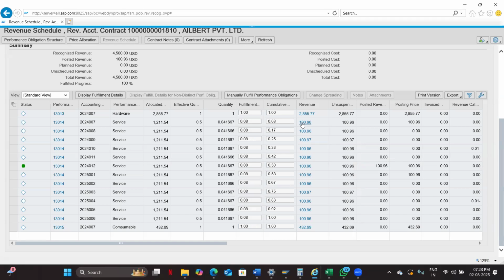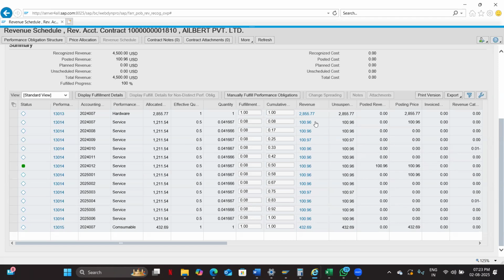Per month we need to recognize this much amount, 100.96 USD. How do we recognize it? We have not yet received an invoice, so we recognize this amount from the unbilled account: we take from the unbilled account and give to the revenue account.